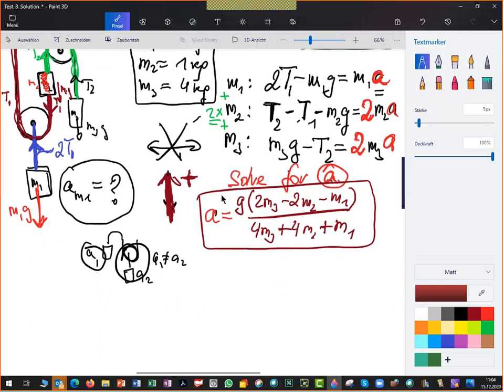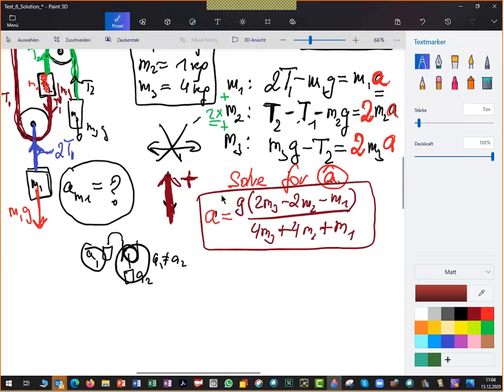This is fine because it depends on how exactly you solved it for A. But I think mathematically it should be more or less equivalent to the solution I got here. And now if you put the values here, I will get something like 50 divided by 21, which is pretty close to 2.338 maybe meters per second squared.